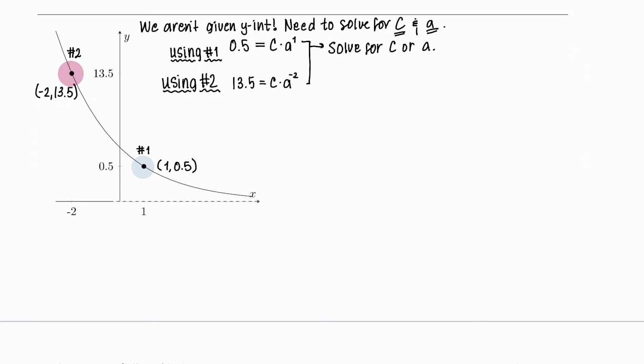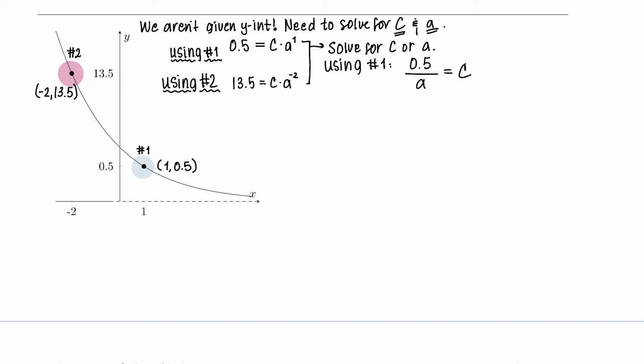Using point number 1, I think it's easy to solve for A or for C. So using number 1, let's solve for C. Yeah, let's do that. If I solve for C, that means I need to divide both sides by A. So I get 0.5 over A is equal to C.